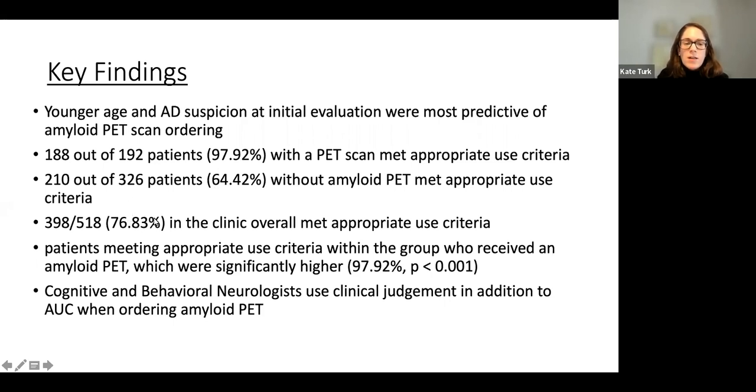And then in the clinical population overall, in the memory disorders clinic, almost 3/4 of the clinical population would meet appropriate use criteria for an amyloid PET scan. We found that the appropriate use criteria adherence was quite high, nearly 98%, and that cognitive and behavioral neurologists tend to use clinical judgment in addition to the appropriate use criteria when ordering amyloid PET in a naturalistic setting.